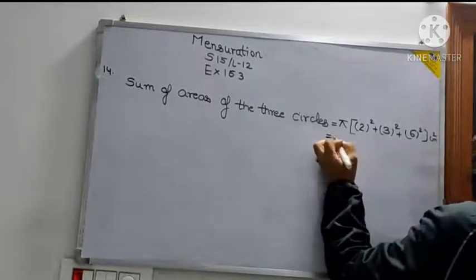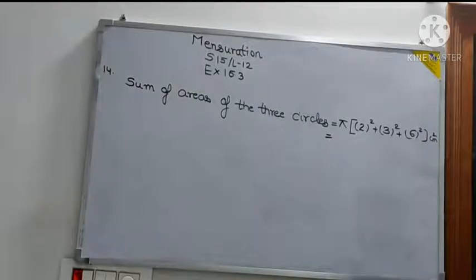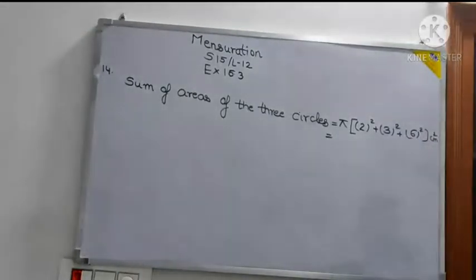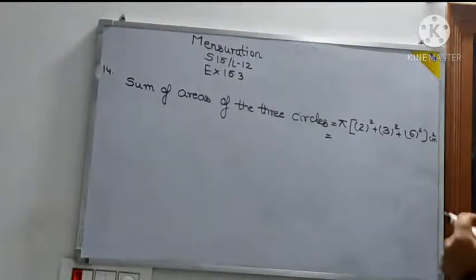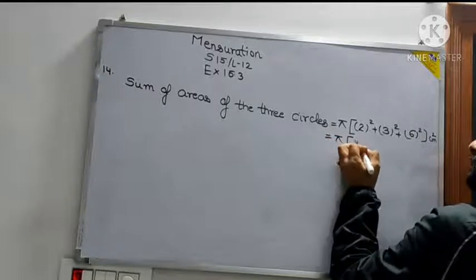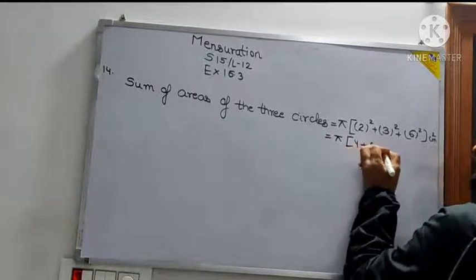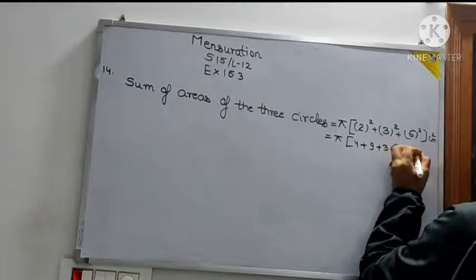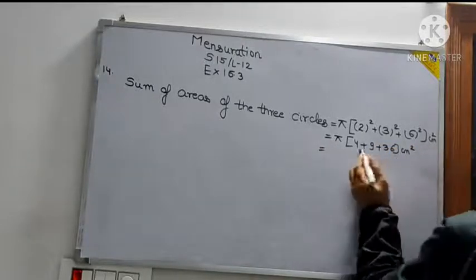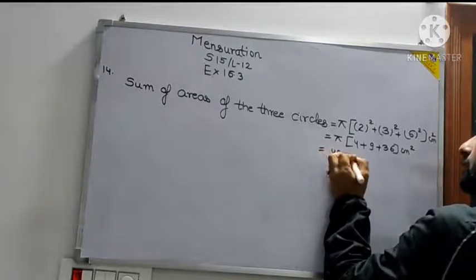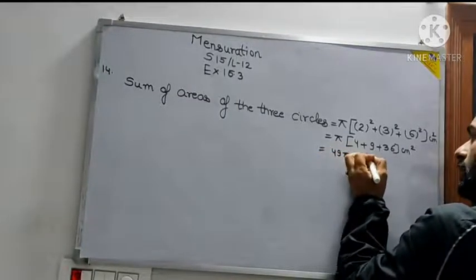We'll write it in terms of pi only, because the sum of the areas of the three circles will be equal to the area of the one final circle. So 2 square is 4, 3 square is 9 and 6 square is 36. Add properly: 36 and 4 is 40, plus 9 is 49. So 49 pi centimeter square.